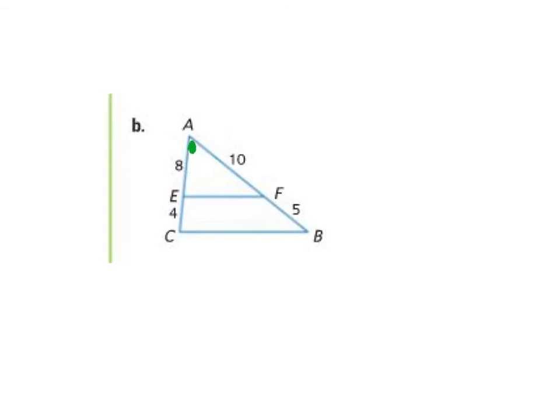We notice that there's an A in the small triangle and the big triangle. Since that vertex or that angle is the same for both, we can say that it is in fact congruent. Okay, that's our reflexive property.